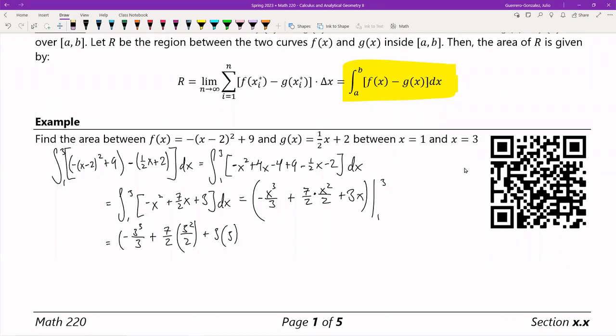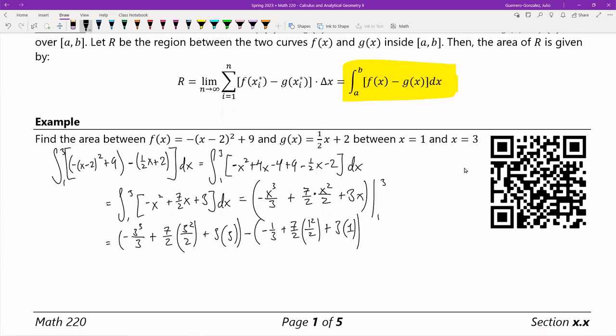I forgot to close that one. Let me close it off right. Minus, now the bottom one, right? So minus 1/3 plus 7 over 2 times 1 squared over 2 plus 3 times 1. So we have to evaluate each one of these separately, okay?